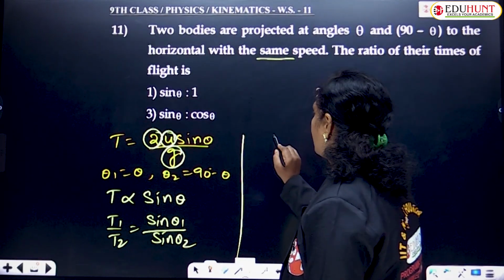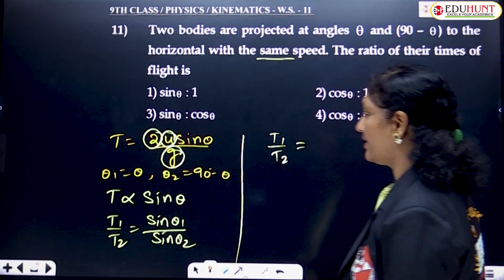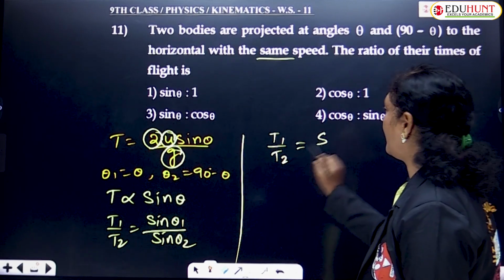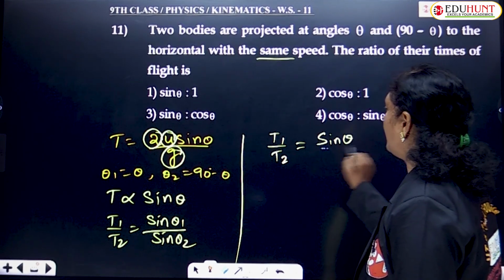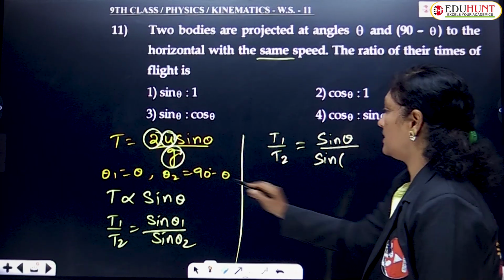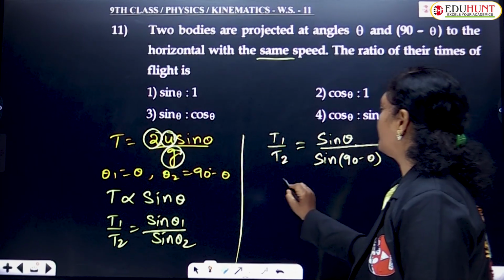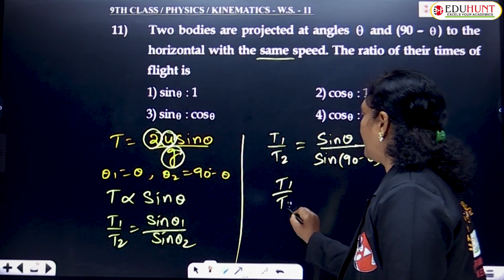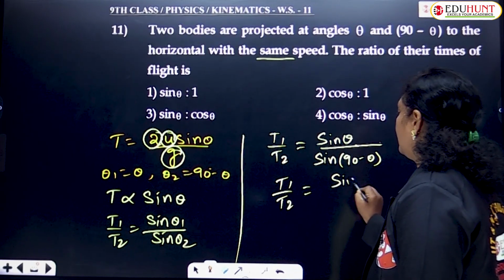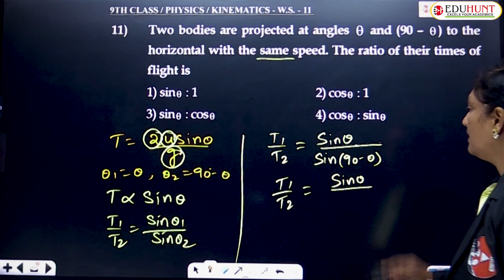Substituting in the above equation, we have T1 by T2, which you are asked to find, equal to sine theta 1, which is nothing but sine theta. Theta 1 is theta, and theta 2 is taken as 90 minus theta. Solving this, we have T1 by T2 equals sine theta by sine 90 minus theta.